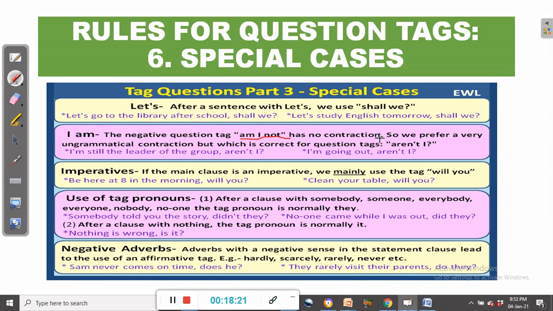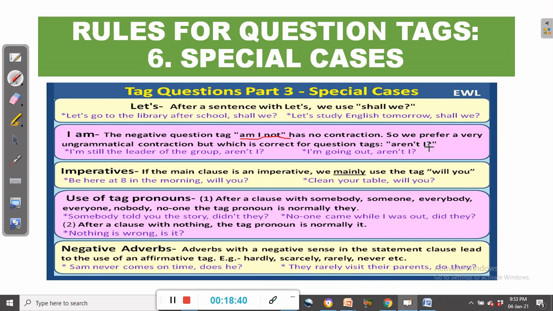Am I not has no contraction. So we prefer a very ungrammatical contraction, which is correct for question tags: aren't I? Because this has become accepted by convention.